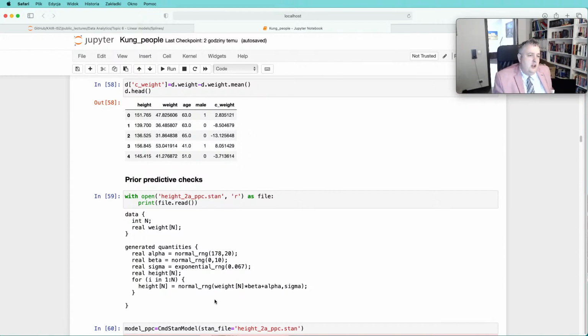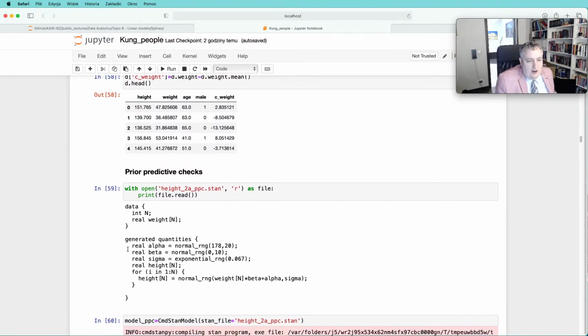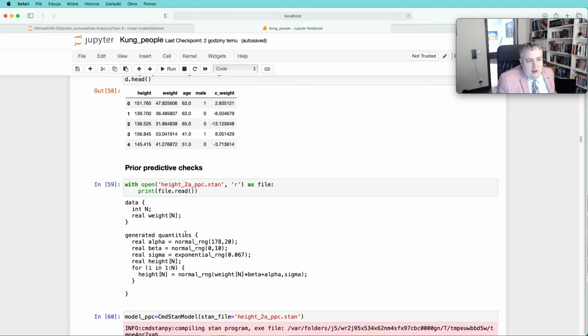So for each weight, we get one height using our model. So we sample alpha from normal as previously. We assume that an average person will have an average weight, and for beta we assign a normal distribution between 0 and 10.